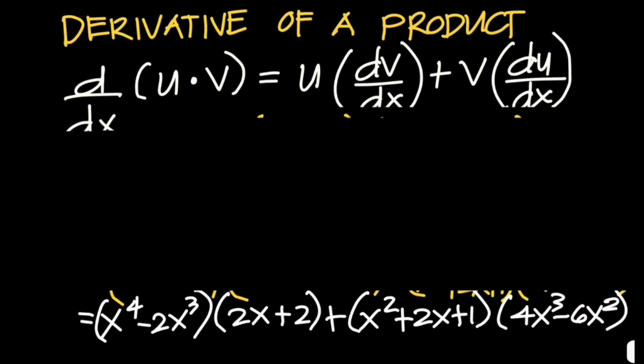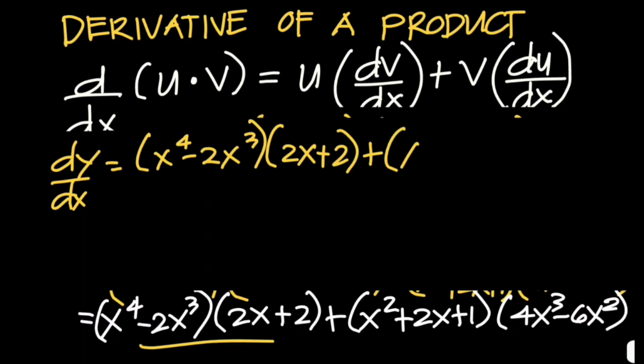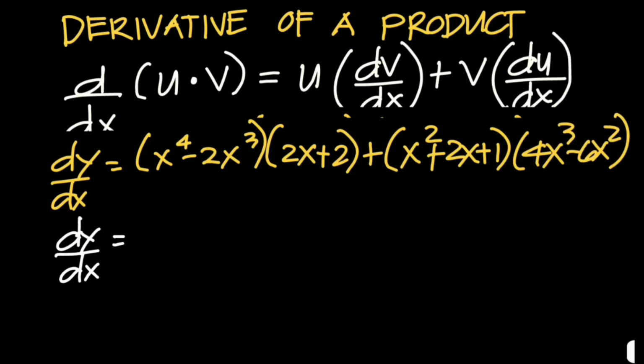Okay, we can use the FOIL method here for this one. So dy over dx equals x to the fourth minus 2x cubed times 2x plus 2 plus x squared plus 2x plus 1 times 4x cubed minus 6x squared.